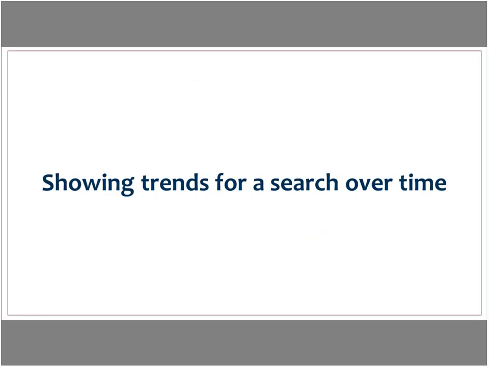So that's using Boolean diagrams to show the relationships between different sets or different parts of a search. But is there some way that we can go back to the example at the very beginning, looking at trends for a search over time, and do things in a more straightforward way so we can actually see what's going on with a search over time?